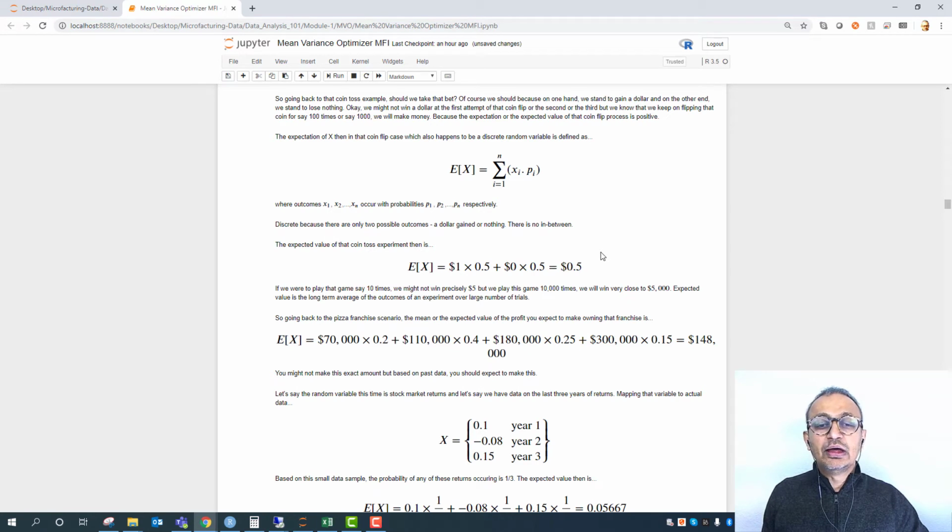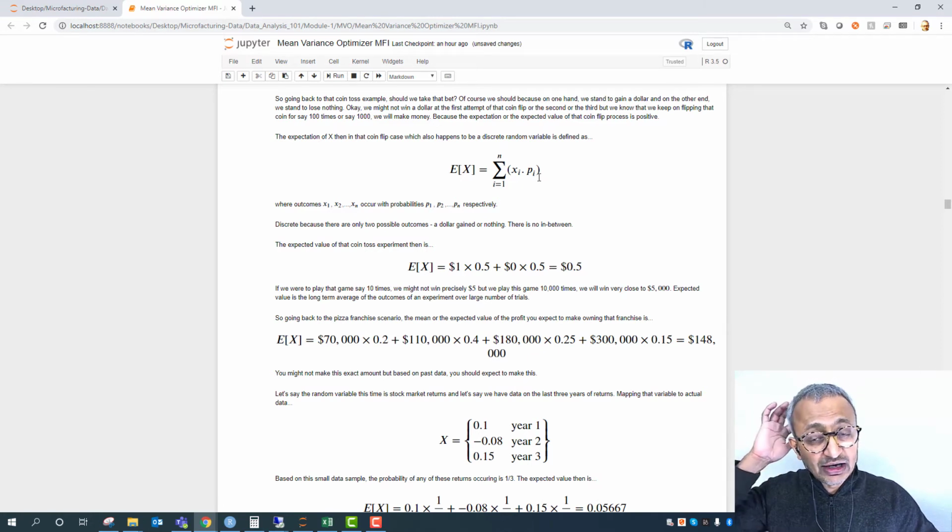If you were to do it, say, 10 times, we might not win $5, because if you were to repeat this 10 times, you're going to have this value multiplied by 10. If you were to do the math, the first time let's say you get 1 times 0.5, second time let's say you get 0 times 0.5 and so on.